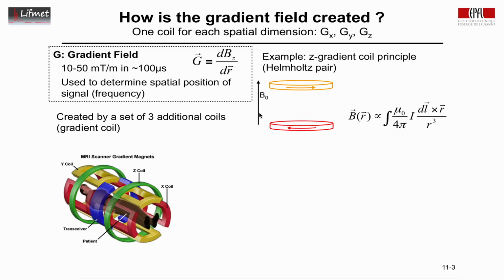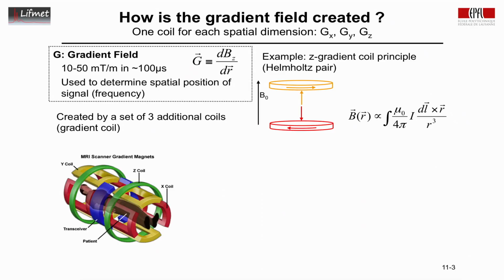From Biot-Savart, given the current in the yellow and in the orange and red coil, we can calculate exactly the magnetic field that's being produced. I'll just recap the law for completeness' sake, but we'll take a very qualitative argument here. We draw at the exact center between these 2 coils the magnetic field generated by the orange coil, indicated in orange, and by the red coil, indicated in red.